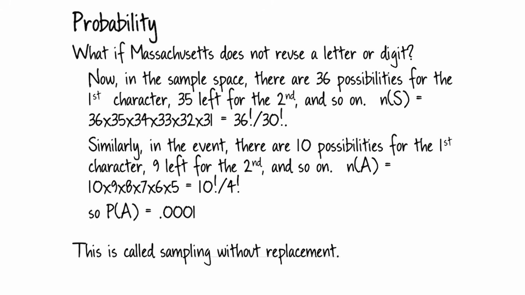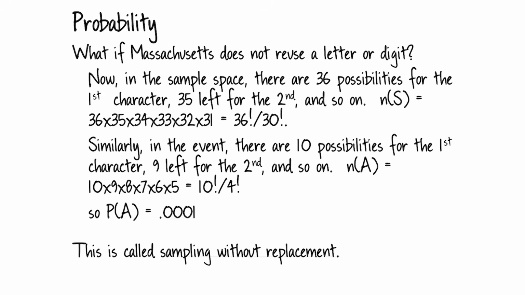They're not going to reuse what they use for the second character, and so forth. So there's only 34 for the third character. Then we can multiply the number of possibilities for each of the characters, and we come up with 36 times 35 times 34, and so forth.